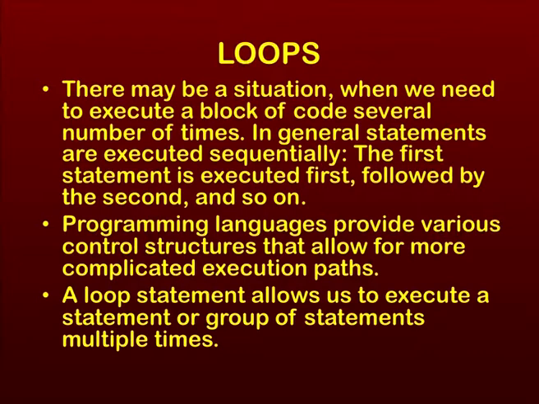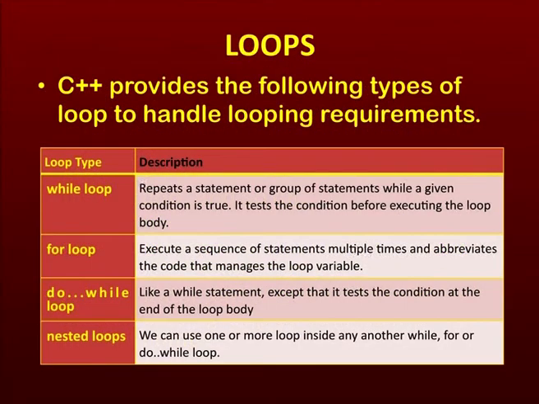There are 4 different ways in which we can have the loop or repetition of statements. The first is the while loop. It repeats a statement or group of statements while a given condition is true. It tests the condition before executing the loop body. Then is the for loop.